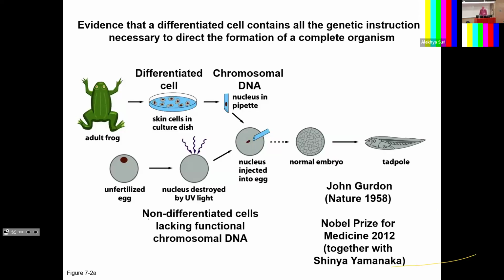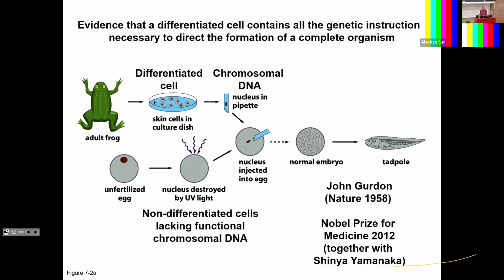Egg and sperm would be germline cells. So we will take just the nuclei of these skin cells, not the rest of the cell.